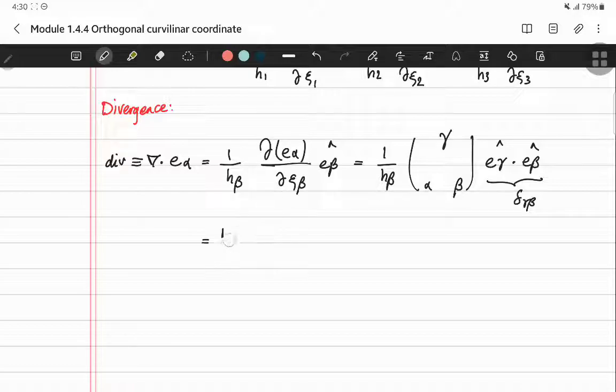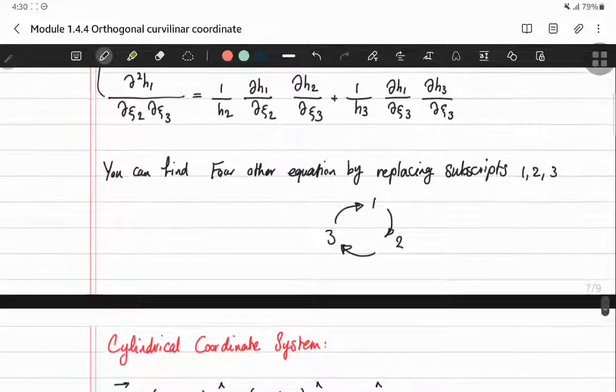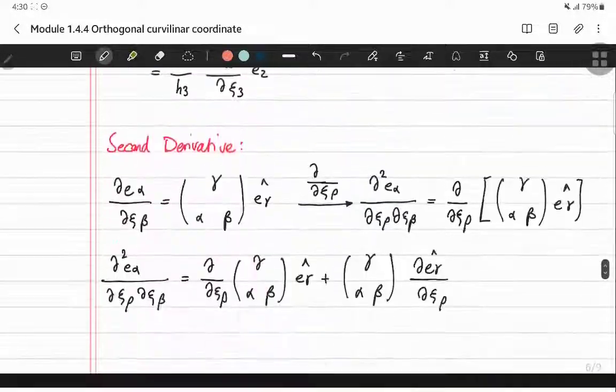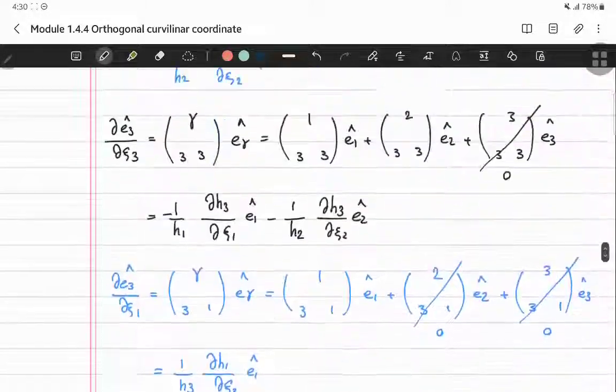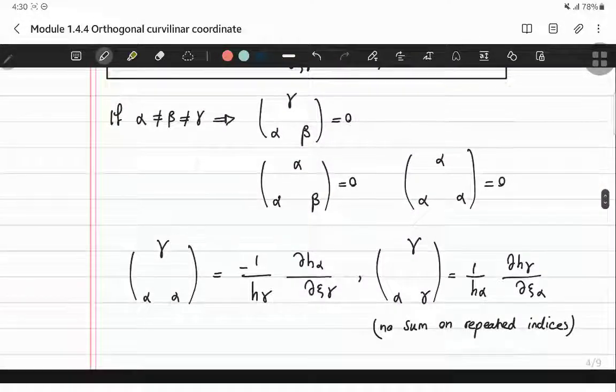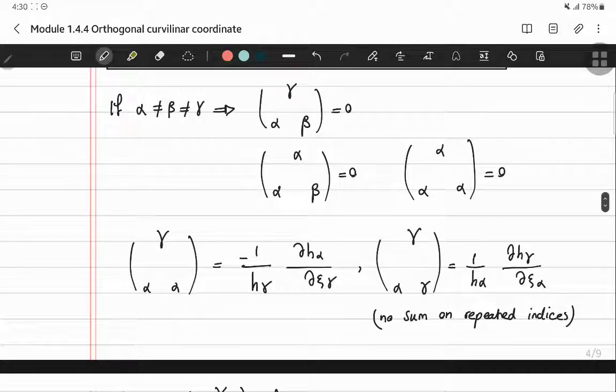So, sorry, for example, gamma is equal to beta. This is 1 over h gamma. We have gamma, alpha, gamma, and if you recall from here, gamma, alpha, gamma is this one.